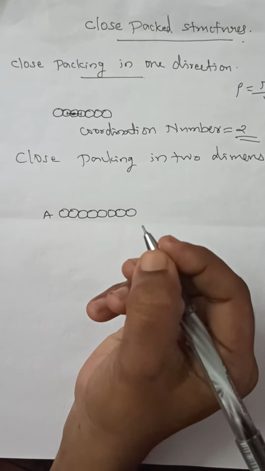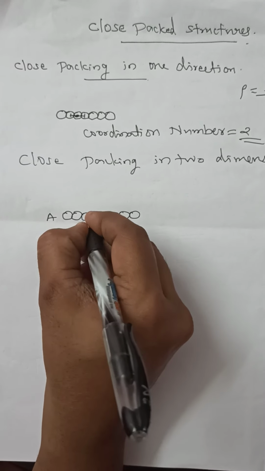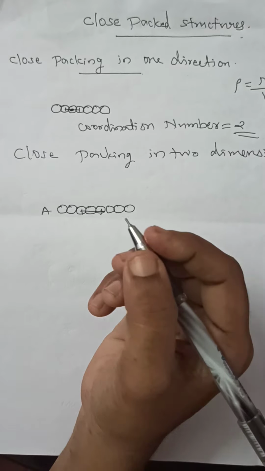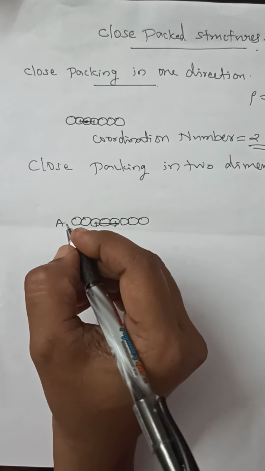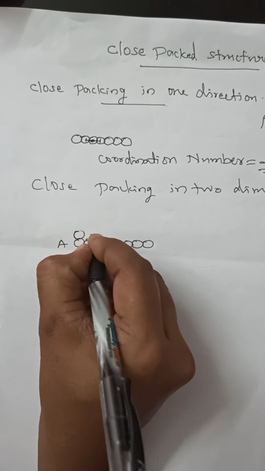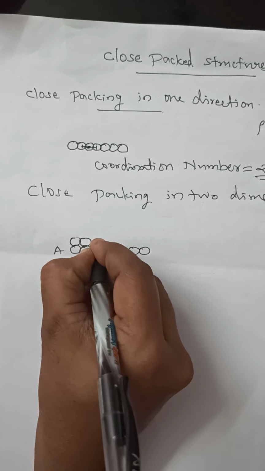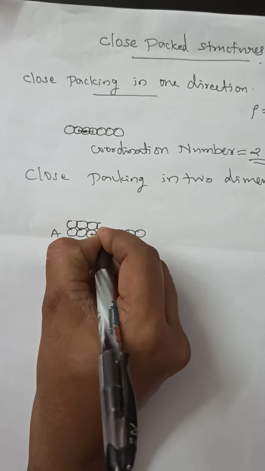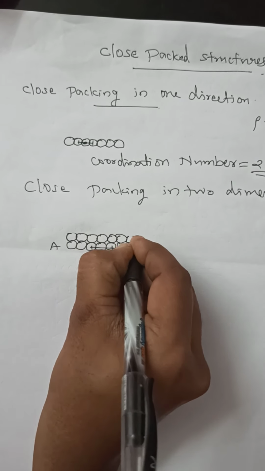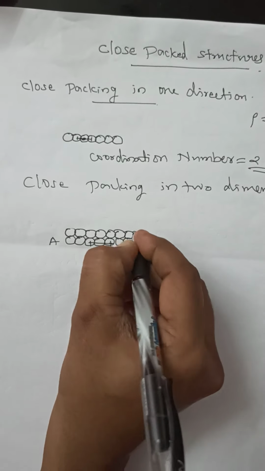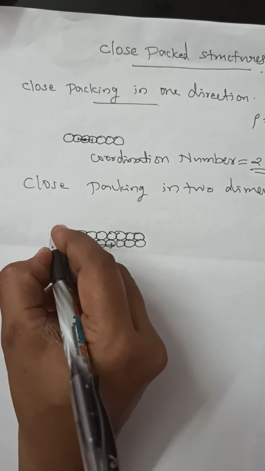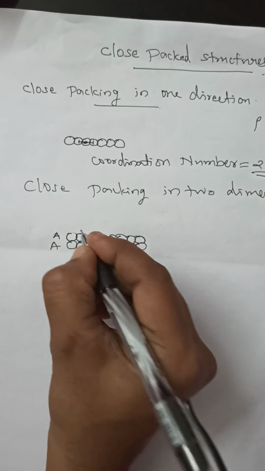We will name it A. Here also this particular particle is in touch with 2 other particles. There are 2 ways to arrange the second row. One is to just place the second row over the first row like this. Because it is the same repetition of the first row, we will call it A.